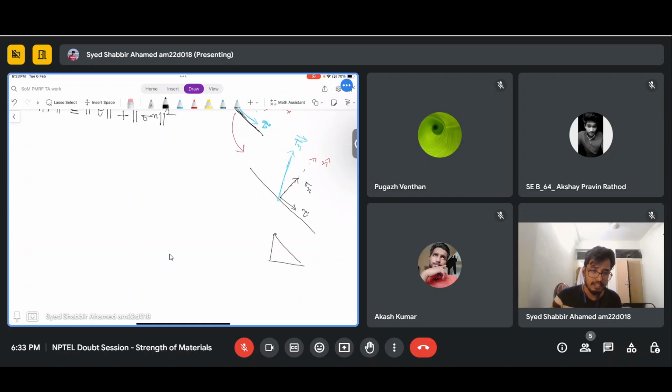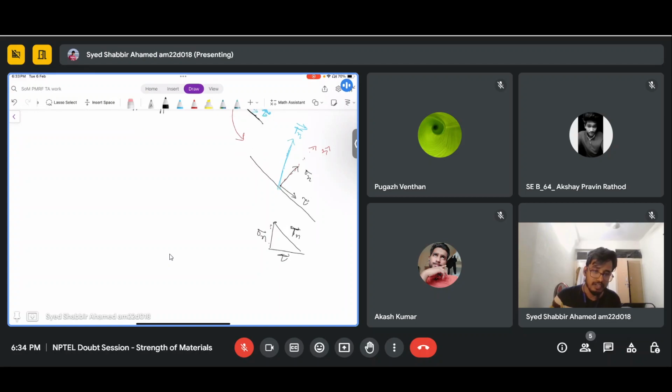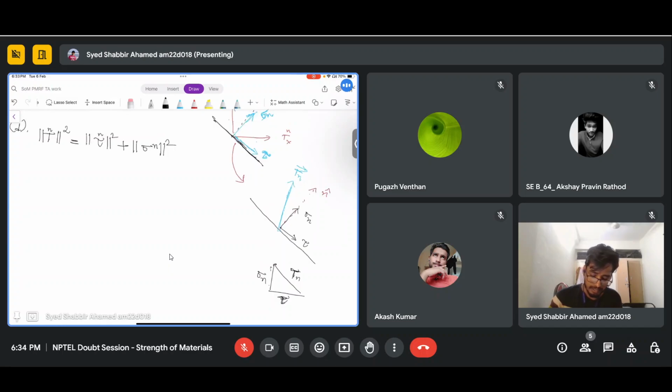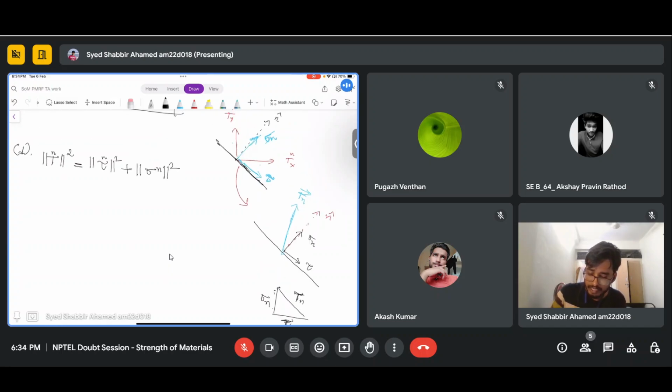This is a triangle. So, vectors, I think you all know. This is sigma n and this is tau, and the resultant is on the hypotenuse. So magnitude of sigma n square plus magnitude of tau square is equal to hypotenuse square, which is the resultant. Basic vector calculations, I think you are all comfortable.